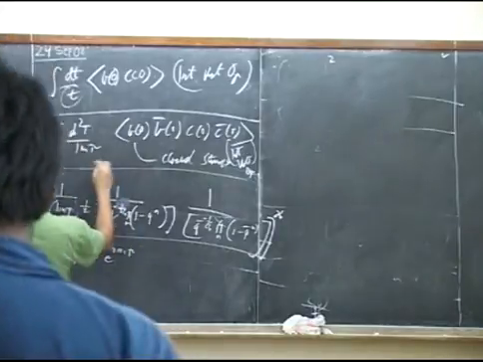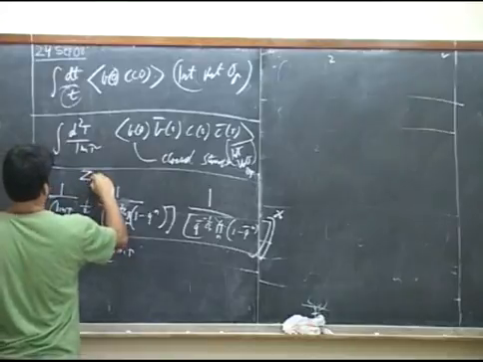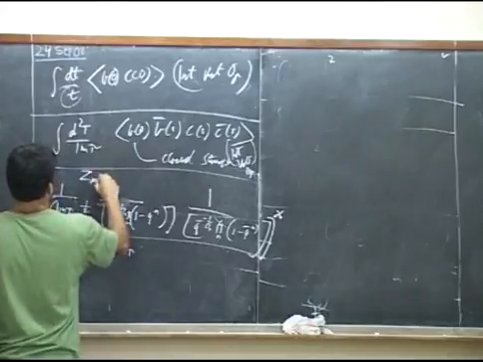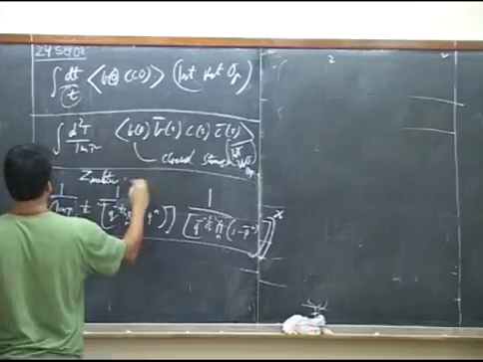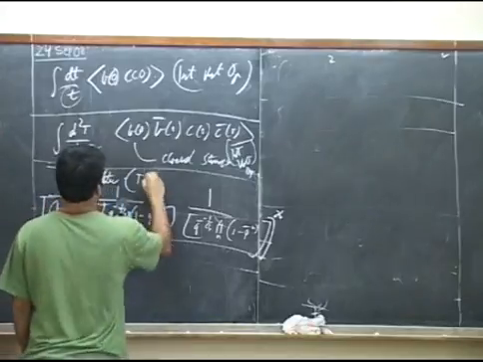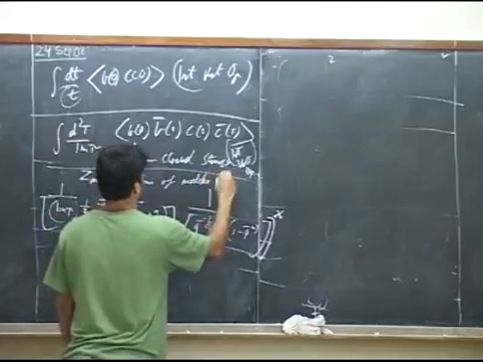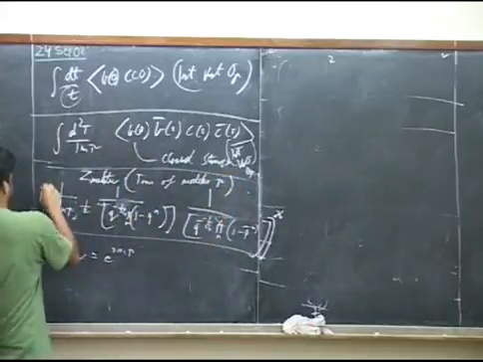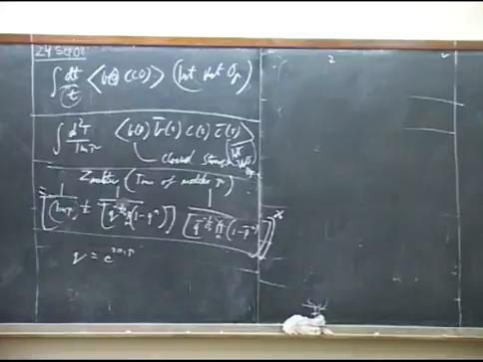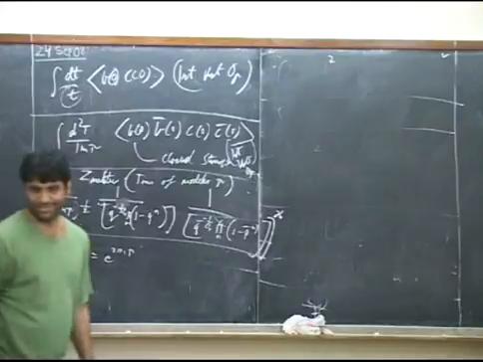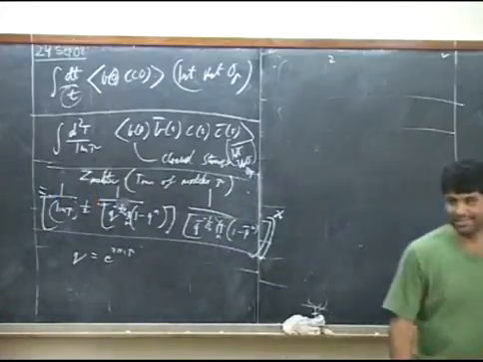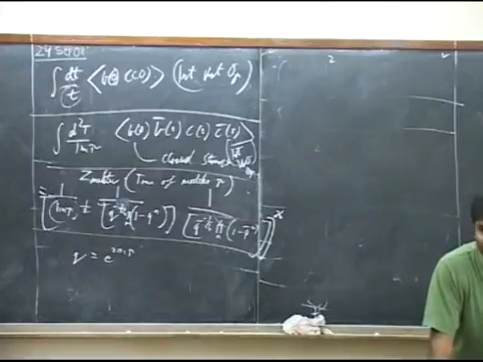This is just Z matter, Z matter on a torus of modulus tau, equal to this. We're not integrating over any modulus. This is the partition function of the matter conformal field theory on a torus of modulus tau.